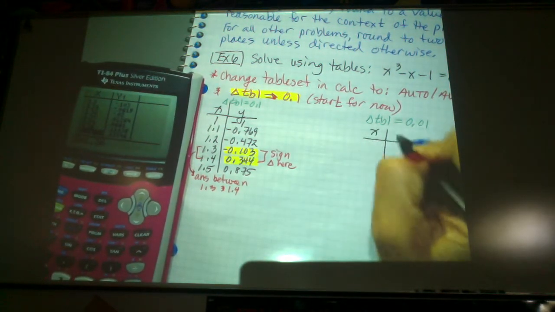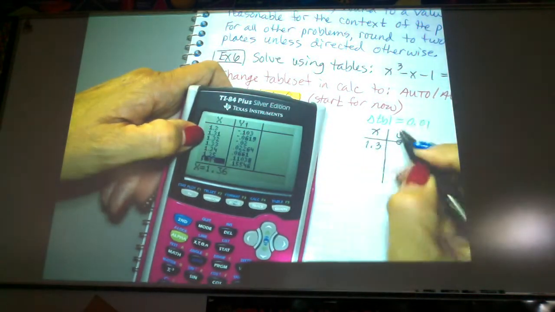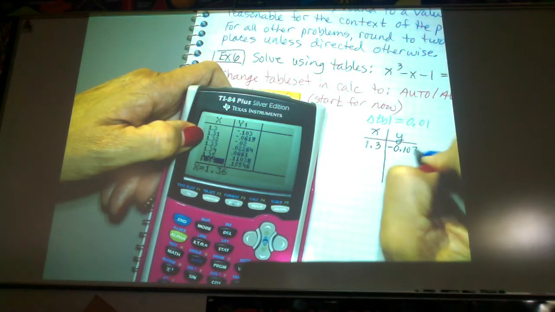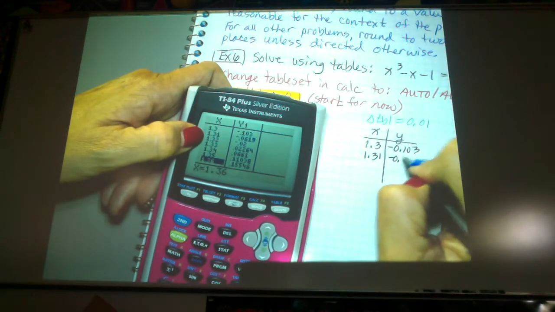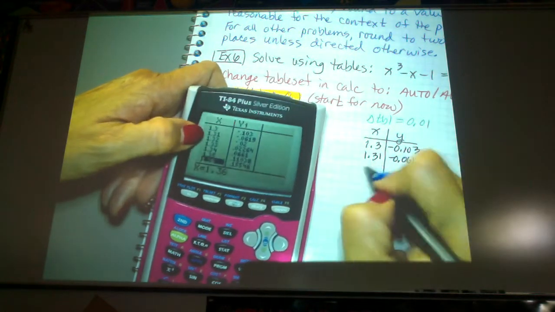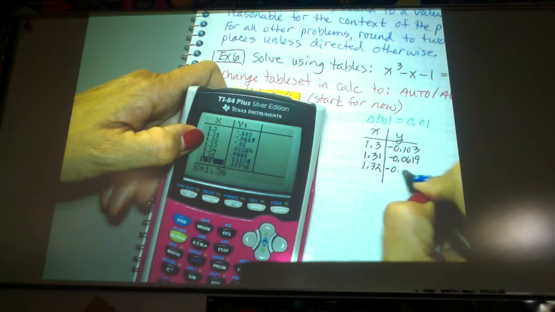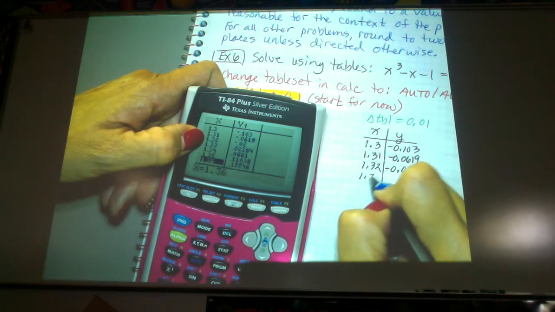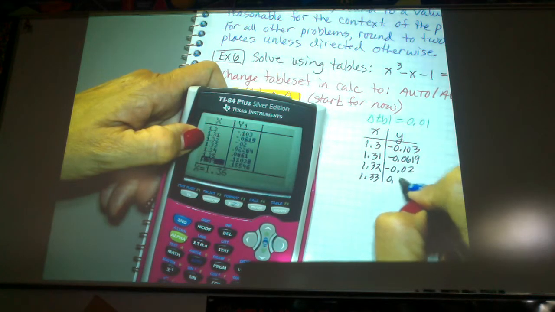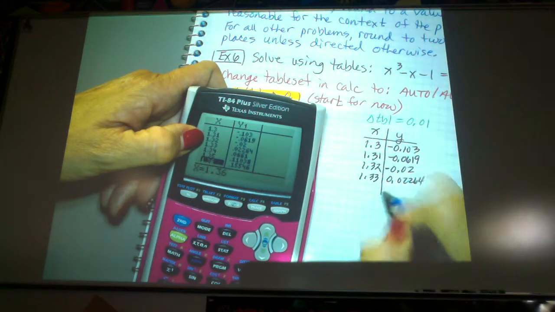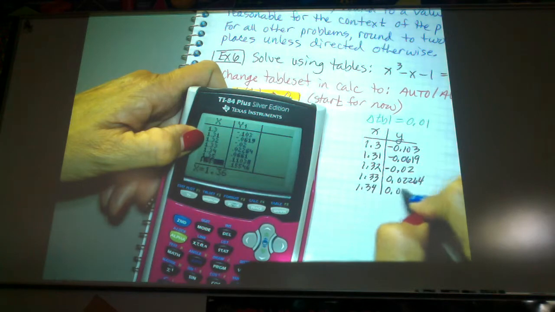X and Y. So I've got 1.3 is at negative 0.103. 1.31 is at negative 0.0619. 1.32 is at negative 0.02. 1.33 is at positive 0.02264, and one more for chuckle's sake. 1.34 is at 0.0661.